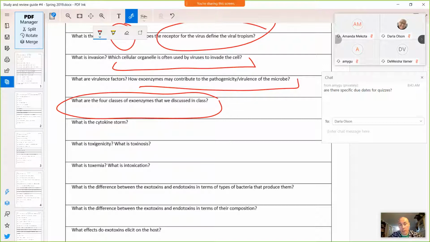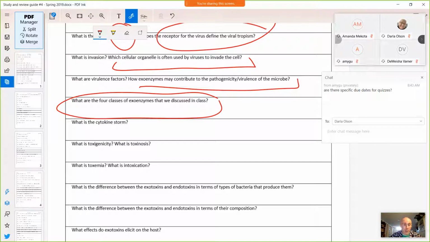For instance, glycohydrolases can break down carbohydrates and destroy extracellular matrix. Proteases can break down collagen in the connective tissue. Nucleases can destroy DNA traps that are deployed by neutrophils to contain microbes.